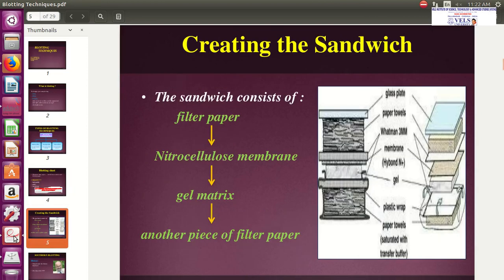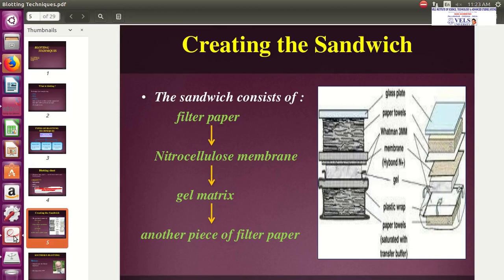So first, before going to the blotting techniques, we should prepare the sandwich. We all know about a sandwich: it is layer by layer. As you see in the PPT slide, the bottom is a glass plate, and above the glass plate there are paper towels.